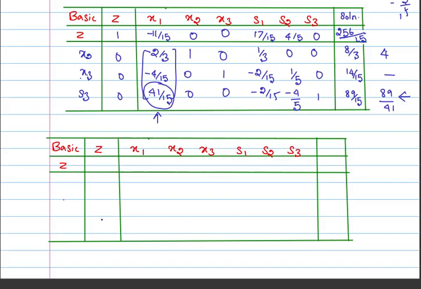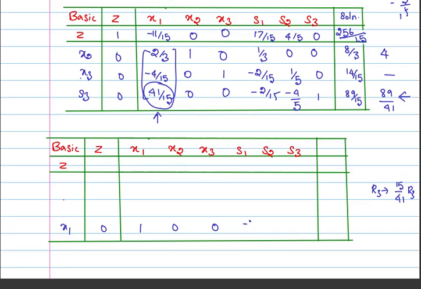Okay. So I want to make this guy 1, which means I want to multiply by 15 divided by 41. That is, my R3 becomes 15 divided by 41 times R3. So that means this becomes x1: 0 1 0 0.